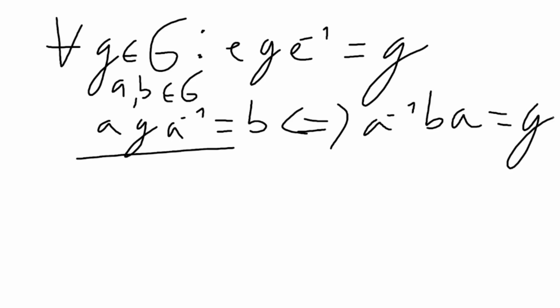So we see that G conjugated by A gives B, and B conjugated by A inverse gives G.